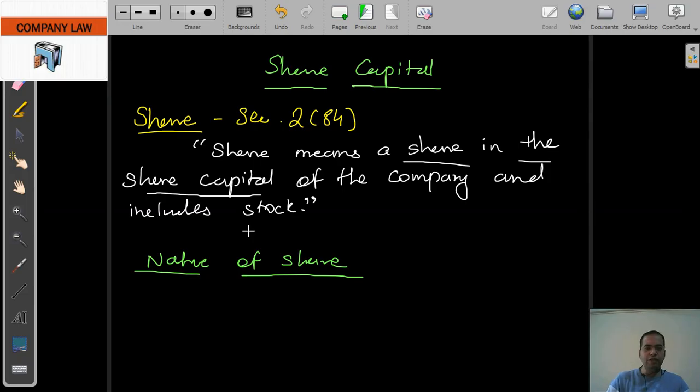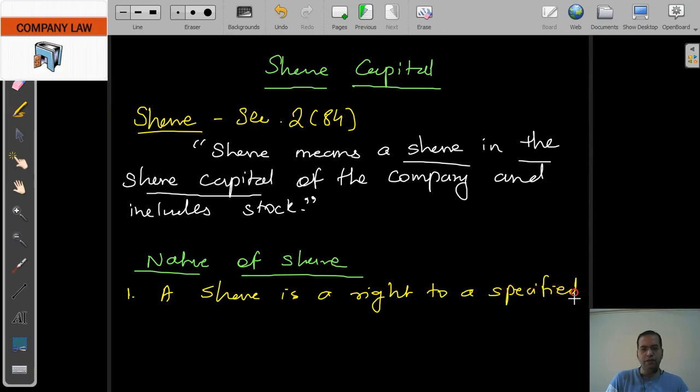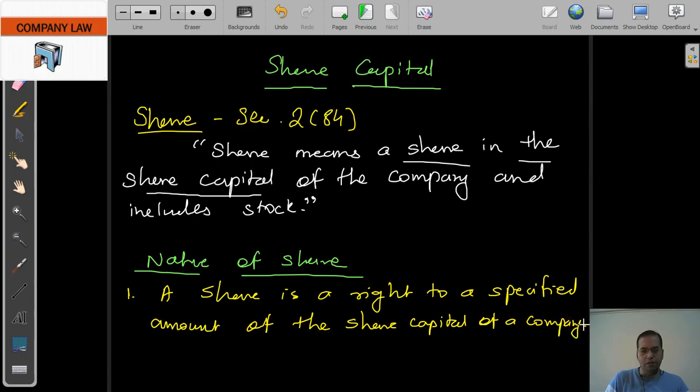A share is a right to a specified amount of the share capital of a company.